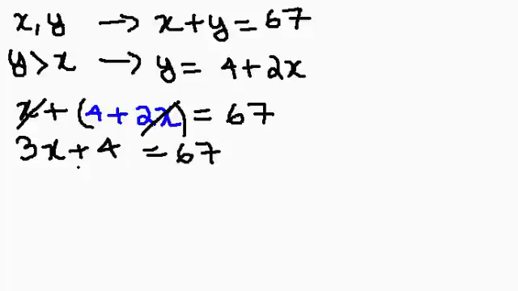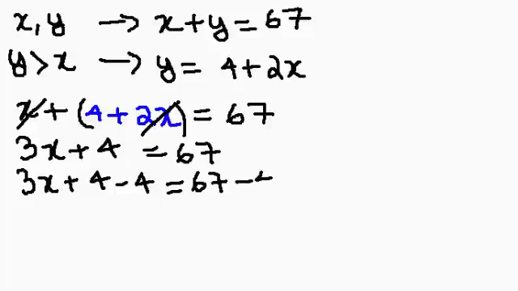Alright, so now our goal here is to solve for x. We've got a 4 in the way, so what we'll do is we'll subtract 4 from both sides. So let's do that. We've got our 3x plus 4 minus 4 equals 67 minus 4. If we calculate that through, we have 3x, and this subtracted by this is just equal to 0. So 3x is equal to 67 minus 4, which is 63.